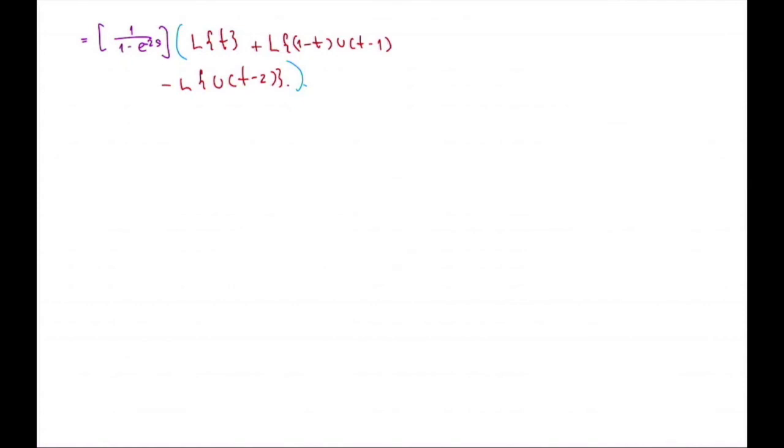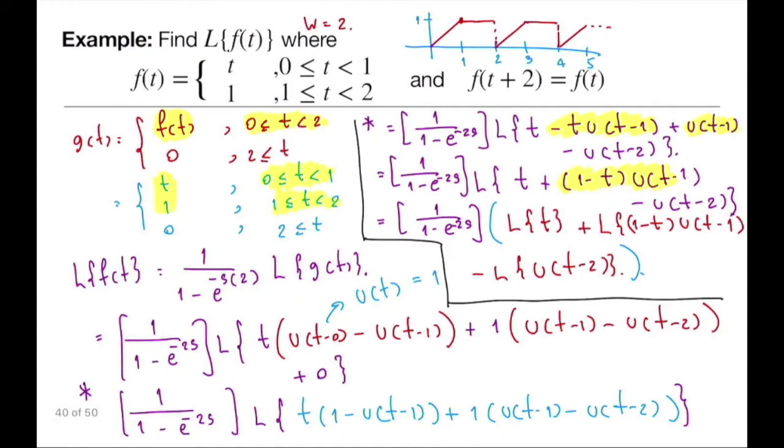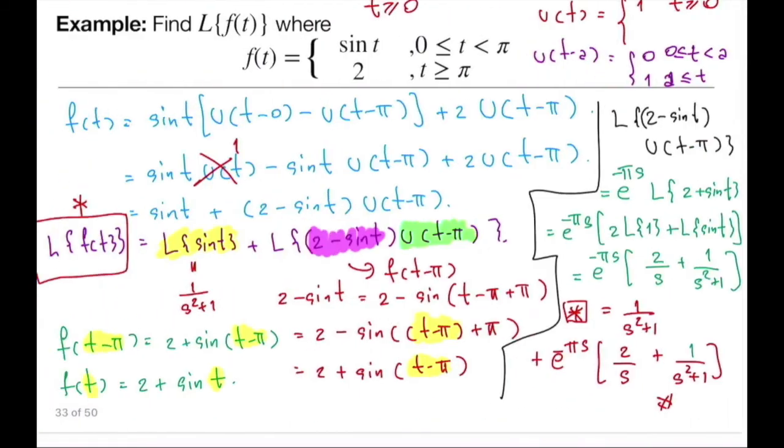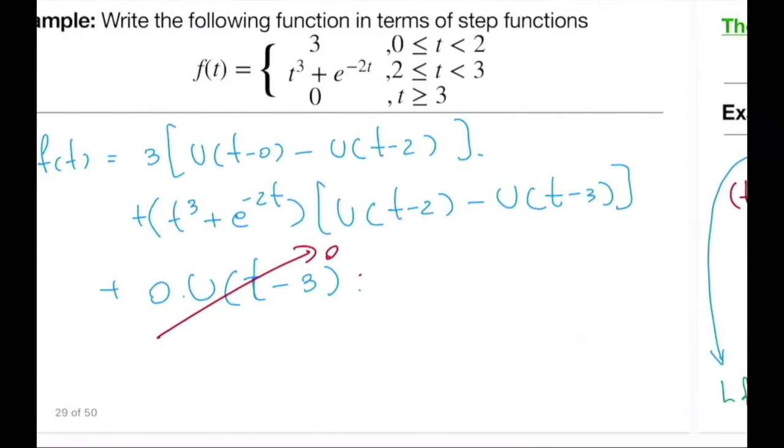Okay guys, how do we do the Laplace transform for 1, 2, and 3? You need to go back to where we learned how to do the Laplace transform for unit step functions. Do you remember?